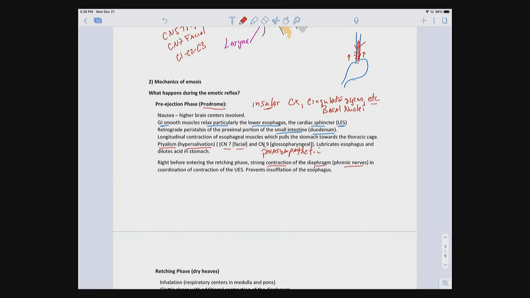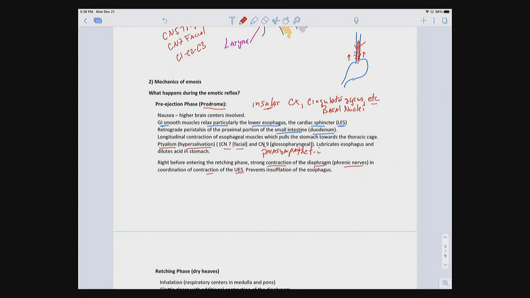They're going to cause a strong contraction of the diaphragm in coordination with contraction of the upper esophageal sphincter. And you'll recall the upper esophageal sphincter is skeletal muscle, and the major muscle of that sphincter is the cricopharyngeus muscle.